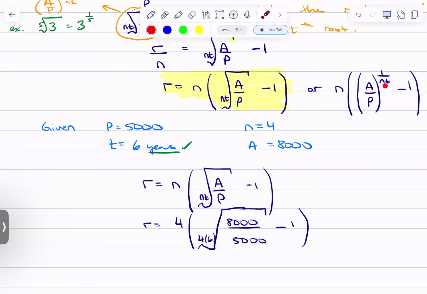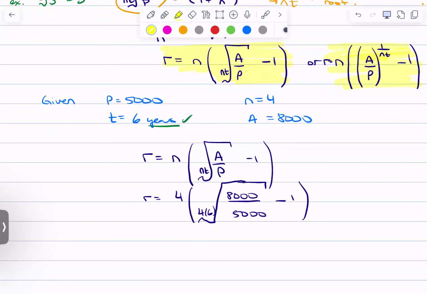You like seeing the root? Here, I've done it for you. How about I give you both? Or r is equal to, I just have to remember to add those. Then you really don't have to remember the root stuff.